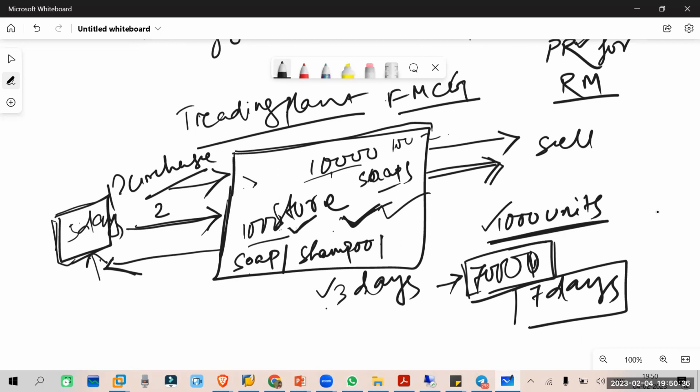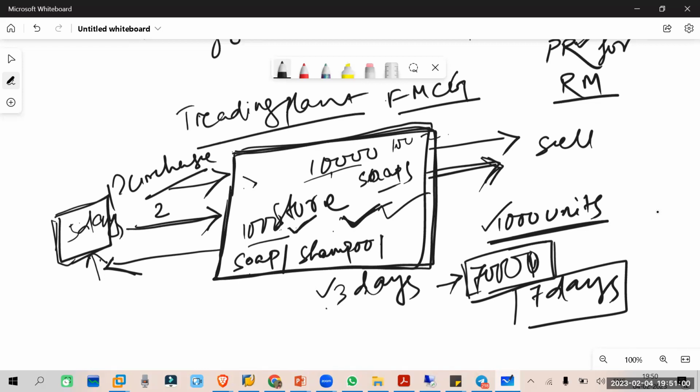So normally what happens in your store, why I have explained all these things, because we are discussing this as a trading plant, so we are procuring the material for stock purposes, right? We are stocking the material, and we are selling it. Okay, so that's why I have explained this much.